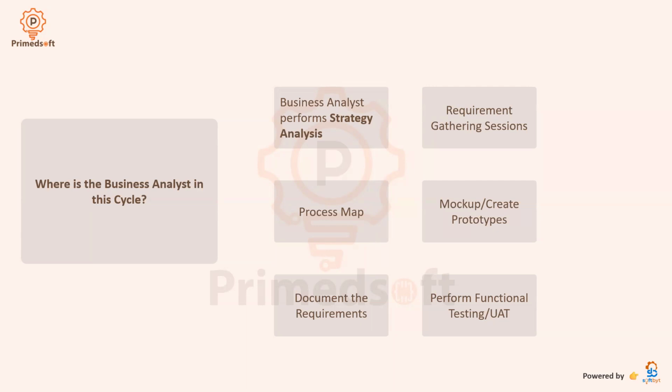What do you do? You move to the next stage. And what is the next stage? Requirement gathering sessions. You will start the requirement gathering session. So what is this requirement gathering? This is also called requirement elicitation. So what is it about? It's about meeting.